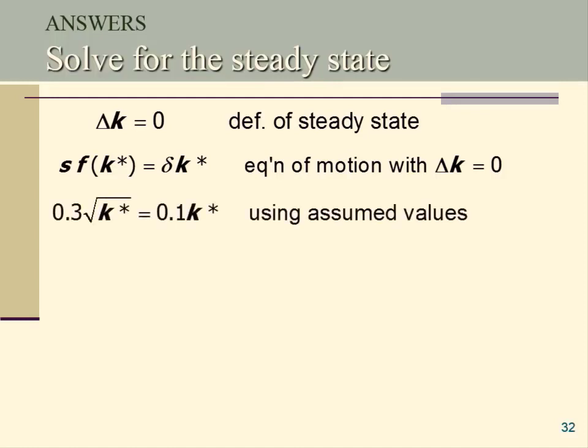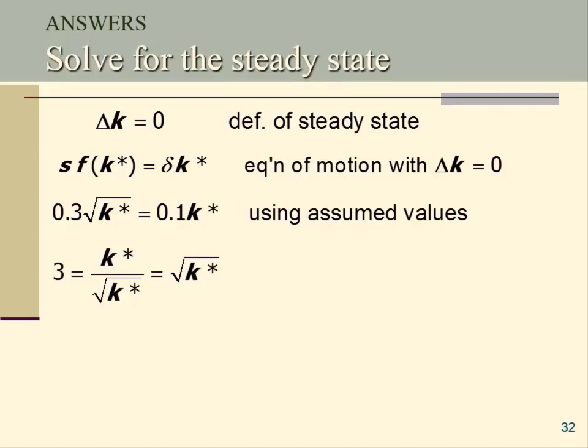You have 0.3 times the square root of k star, substituting f of k star, equals 0.1 times k star. Based on assumed values, you can derive this relation, and then you can use a trick to solve.